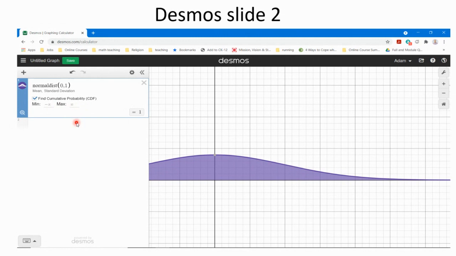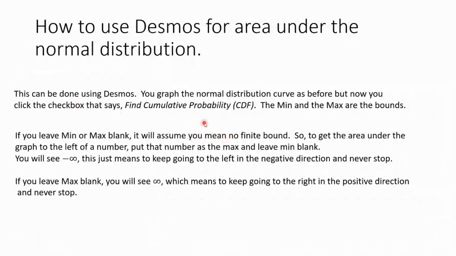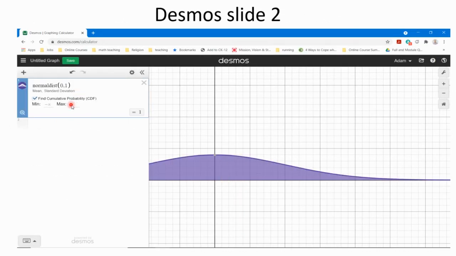This is infinity. It's just notation for keep on going and never stop. Negative infinity means you keep getting more negative and not stopping, and infinity means it keeps increasing, getting more positive and not stopping. Otherwise, you can put numbers in and it will calculate it.